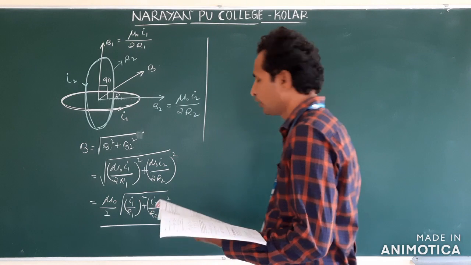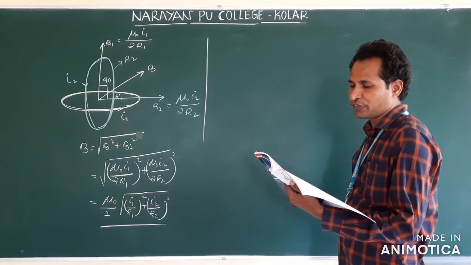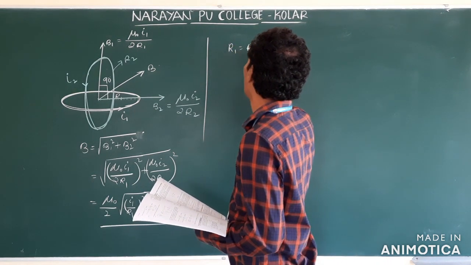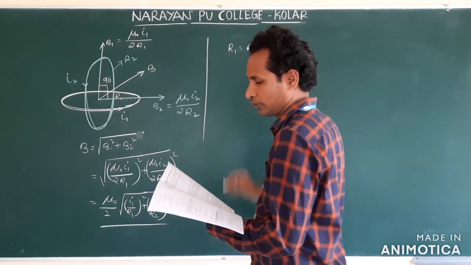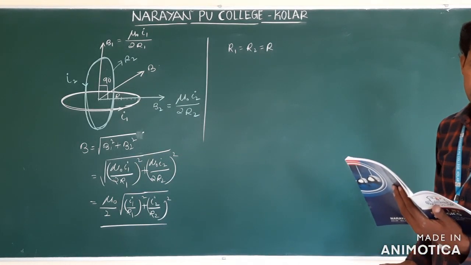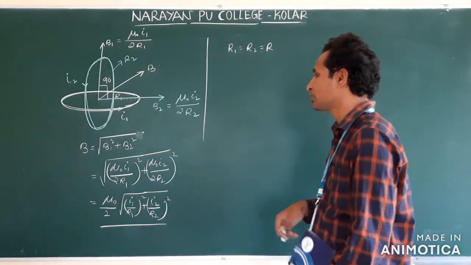Given question, what did they give? Two similar coils of radius R. What does that mean? R1 is equal to R2 is equal to R. And number of turns N are lying coaxial, concentrical. Number of turns also there.